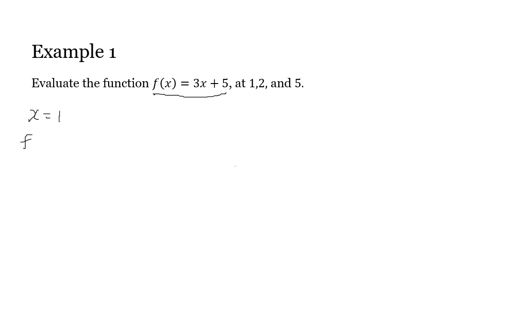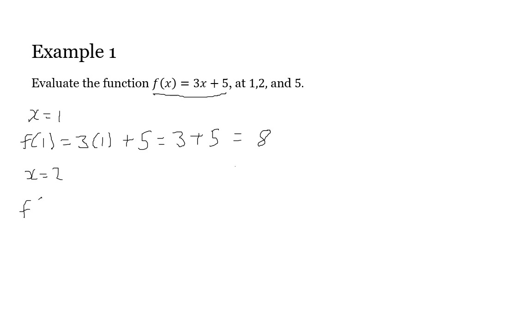So we'll have f of 1 is equal to 3, instead of this x we put 1, plus 5. Then this will just be 3 times 1, which is 3, plus 5, and this is 8. The second is x equal to 2. Then we do the same thing.